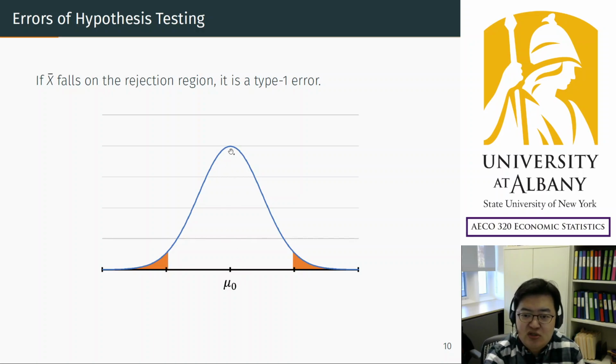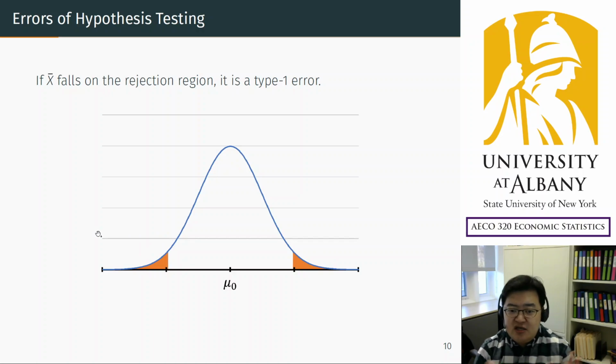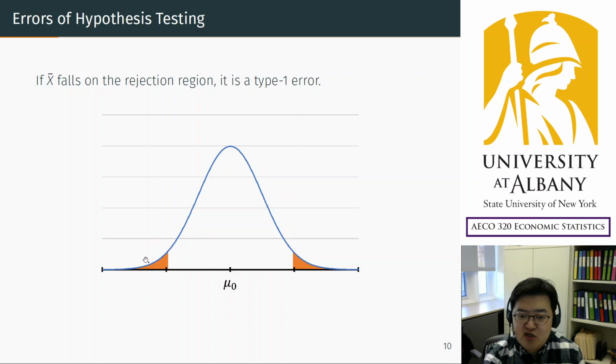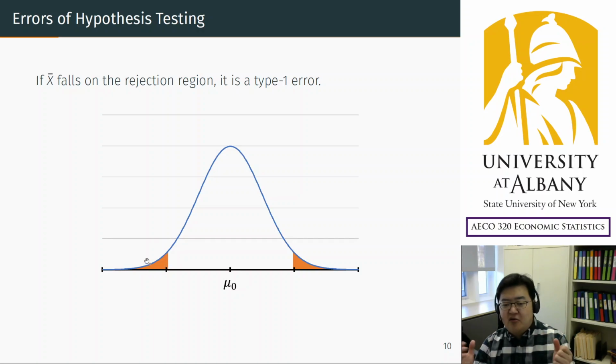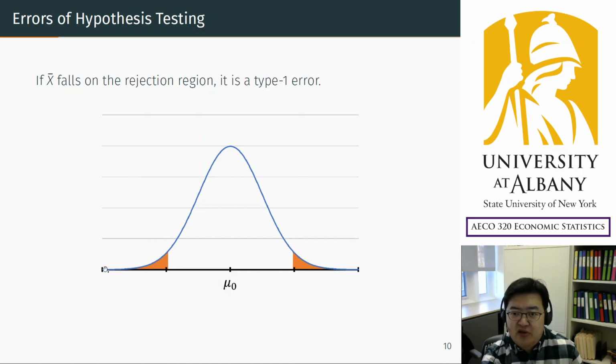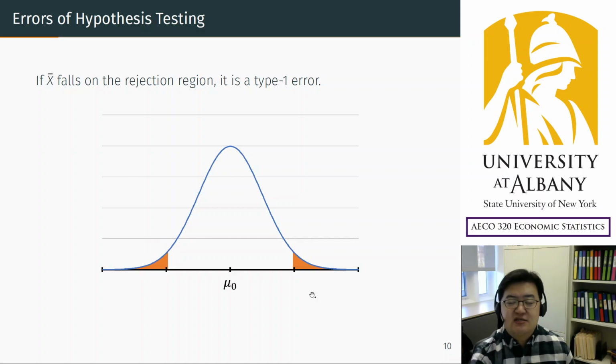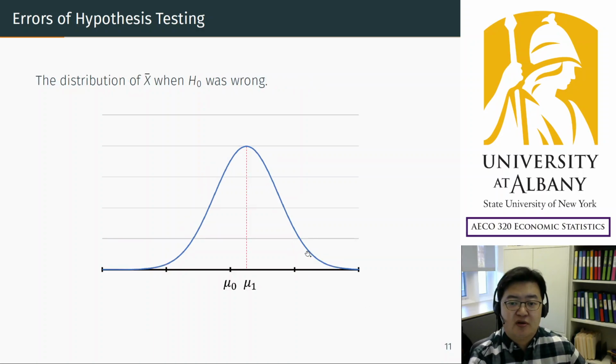So the normal distribution is centered here, and your observation will be distributed like this normal distribution. Still, your observation could be different from your belief just because of random error. If the random error is too big, then you have to reject it. That probability is the type 1 error probability. This is how we calculate the type 1 error.